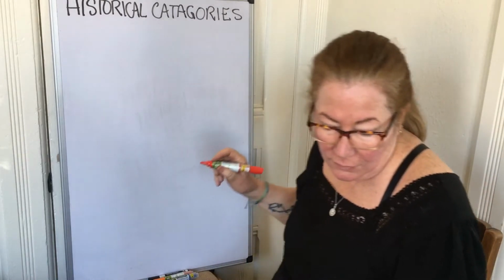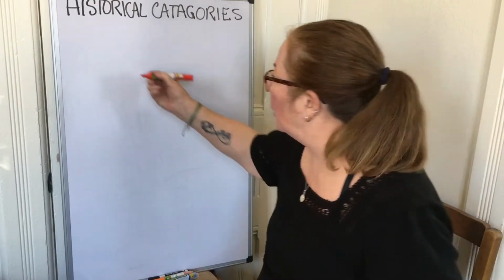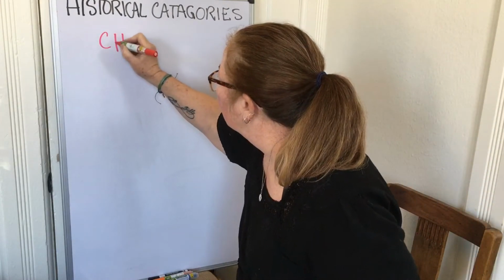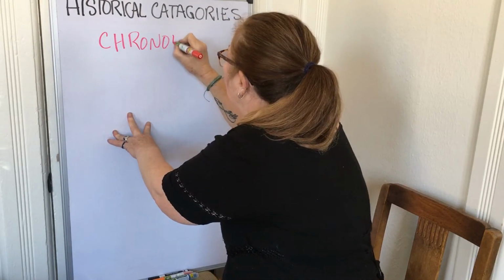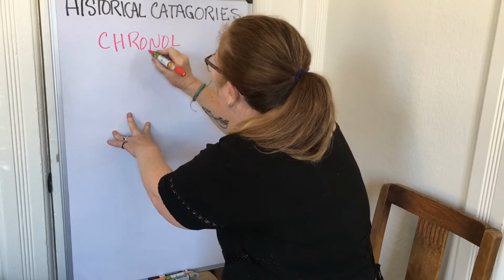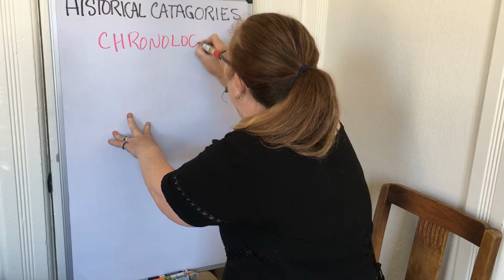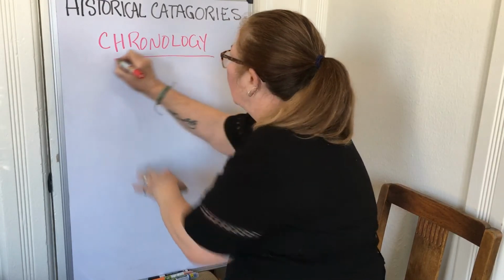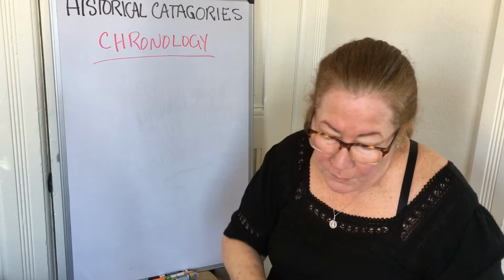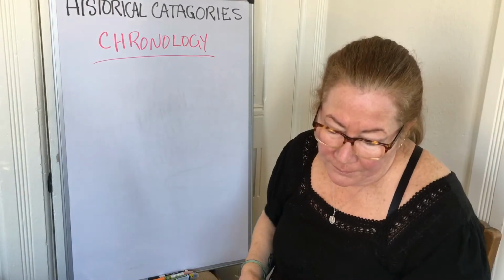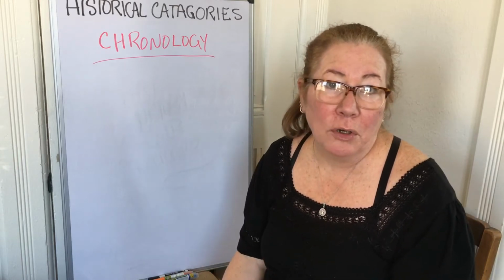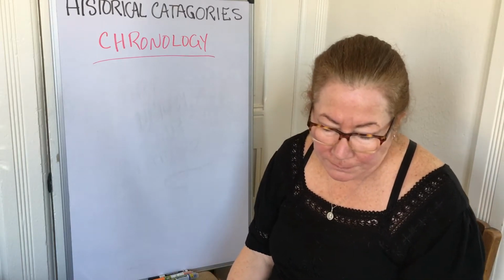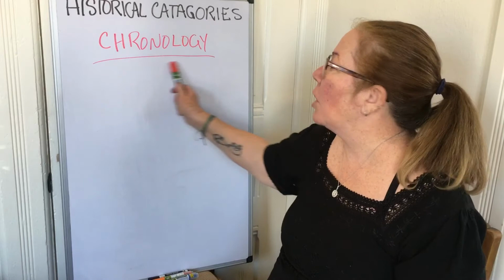So let's go a little bit more in-depth on chronology. Before we can create a history, the artwork needs to be correctly dated, and our tool for that is chronology.